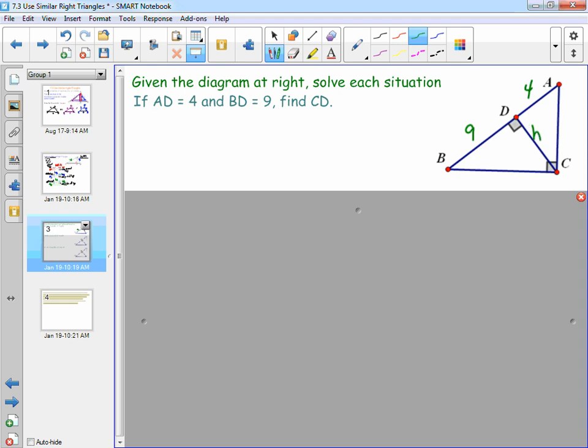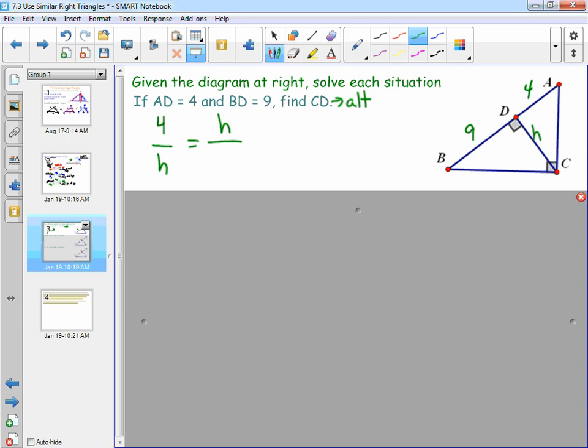I know that CD is the altitude. So I am going to use the altitude geometric mean proportion. So I know that the altitude, in this case CD, which I've labeled h, is the geometric mean of the two pieces of the hypotenuse, 4 and 9.